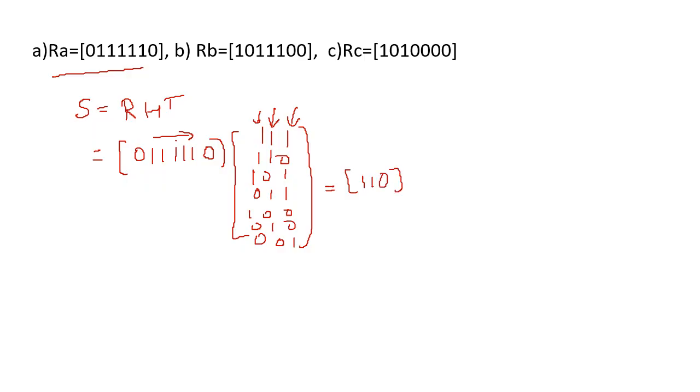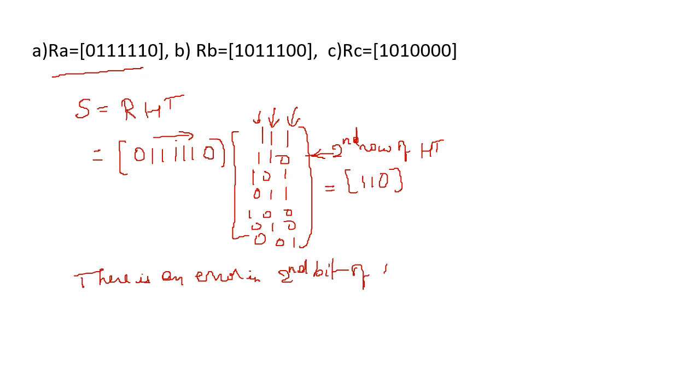So this 1, 1, 0 is present in the second row of H transpose. It means that there is an error in the second bit of the received vector.